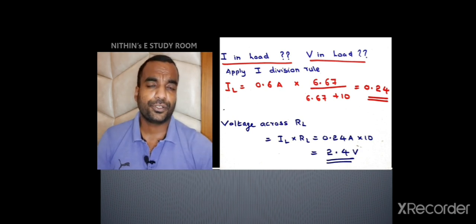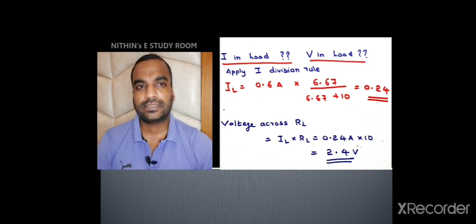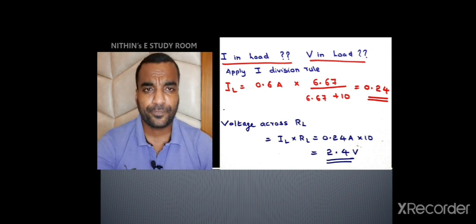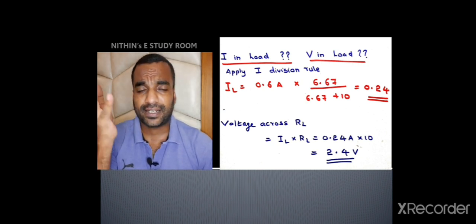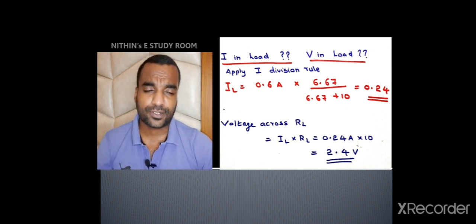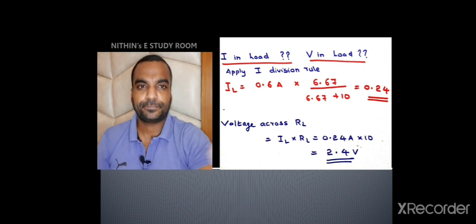So you will get 2.4 volt. So this is the way how you can solve a big circuit and find particular things like a current in a particular branch or a voltage across a particular branch using Norton's equivalent circuit.